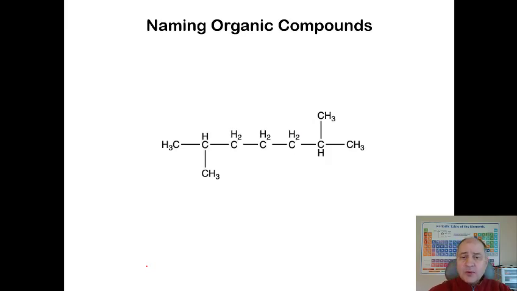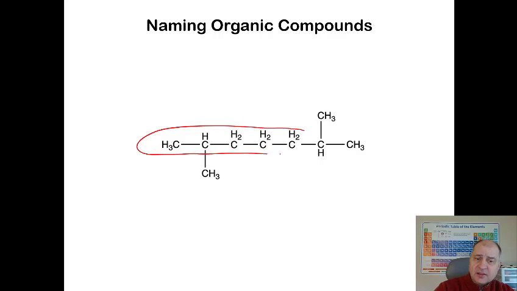I have one more. This time I didn't draw it all out. In fact, this is probably a little easier to see that this is just going from left to right. Here we have the symmetry. Whether we label 1, 2, 3, 4, 5, 6, 7, or the other way around, doesn't matter.